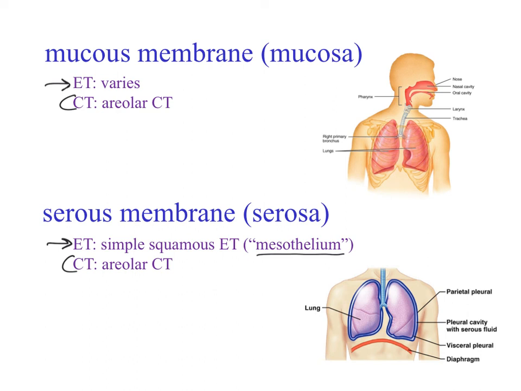So one of the things I want you to be thinking about all the time as we go along through these systems is the patterns that are repeated. The patterns are what I'm going to be testing for when it comes to the final exam. And this represents one of those patterns, right? The idea that there are mucous membranes and serous membranes. So have that in mind. But to go even a step further, I would recommend that you take a few blank pieces of paper that you just have with you at all times, maybe tucked in the back of your anatomy notebook, where you can jot down lists.